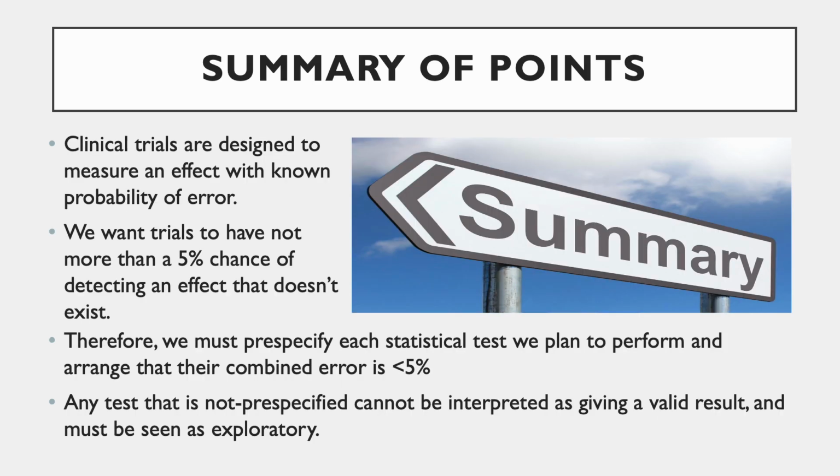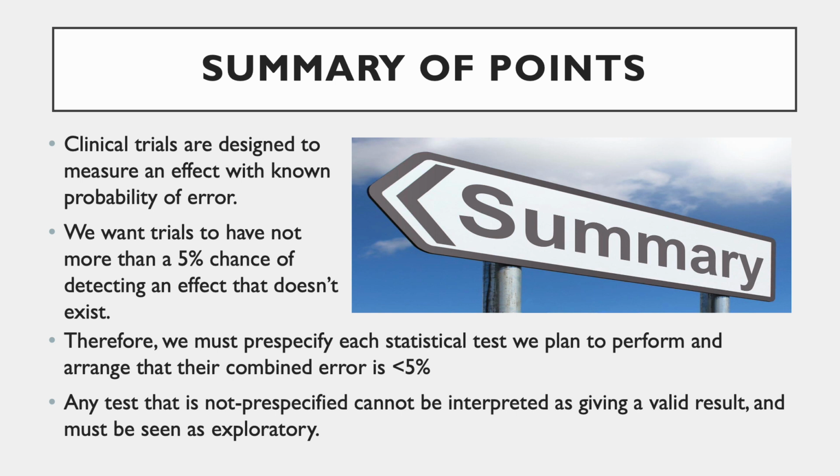So to summarize what we've talked about so far, clinical trials are tools that are designed to measure some effect with some pre-specified probability of error. And we want to design trials so that the probability that they find a positive result that doesn't exist is only 5%.